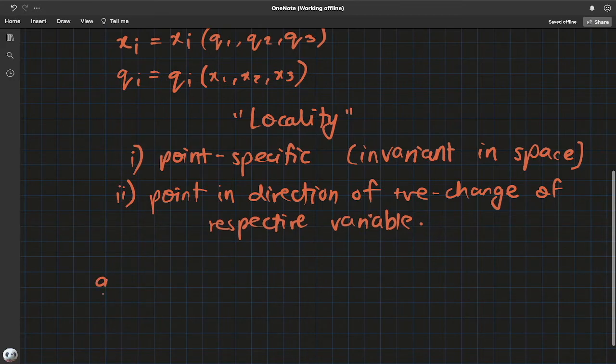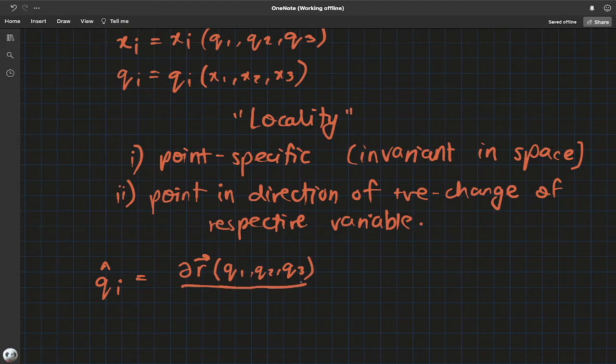Given these observations, we define qi hat, a general basis vector of this curvilinear system, as the partial derivative of the position vector, expressed in terms of q1, q2, and q3, with respect to that variable qi, but divided by this scaling factor hi.